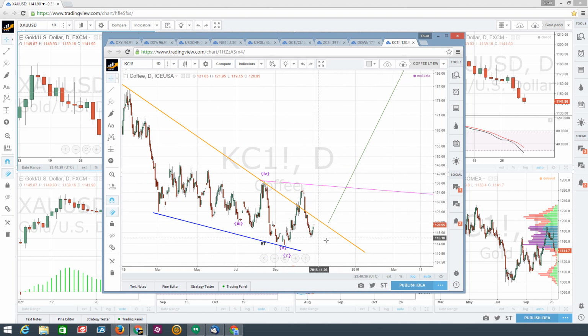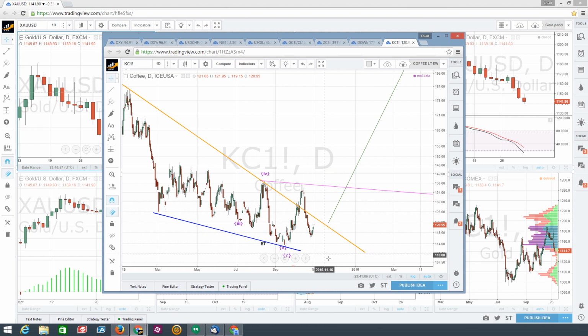Once the shoulder is completed, if this count is correct, the price has to stay above this head right here, which has a low of 113.50. So this current corrective move to the downside has to stay above 113.50, or a break below that upsets this count, and we've got something else taking shape here.